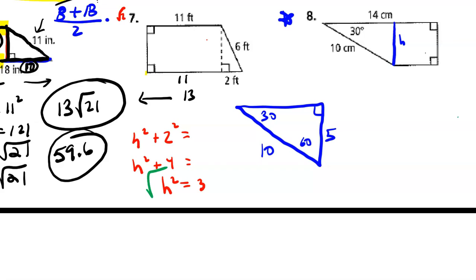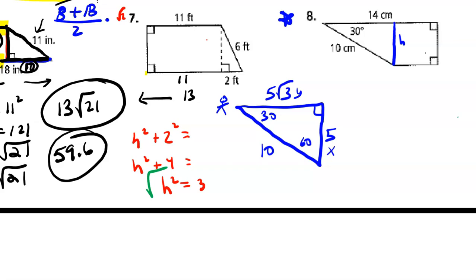So that's 5. And I also know that the middle leg is 5 radical 3. Now, if you didn't know that, you could have used SOHCAHTOA. You could have put your guy right here at the 30-degree angle, and you could have called this x, and you could have called this y, and used sine, cosine, or tangent to solve it. But the special right triangle rules are a little bit faster.